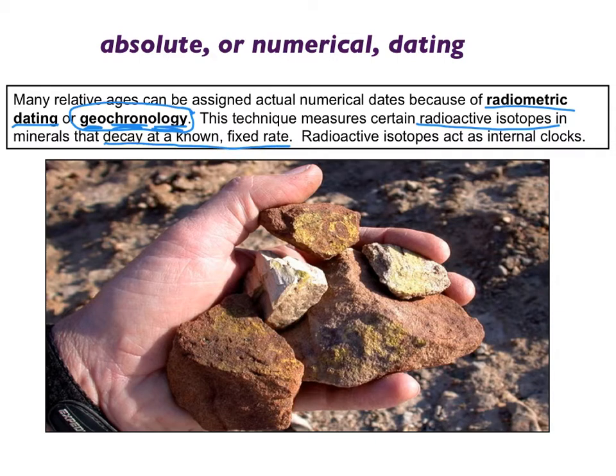So since we know that the decay is happening at a known or fixed rate, if we can count the number of decays that have occurred in a specific mineral, then we can say something about how old that mineral is. And so in that way, radioactive isotopes act as little clocks that are kind of ticking away in various minerals in rocks.